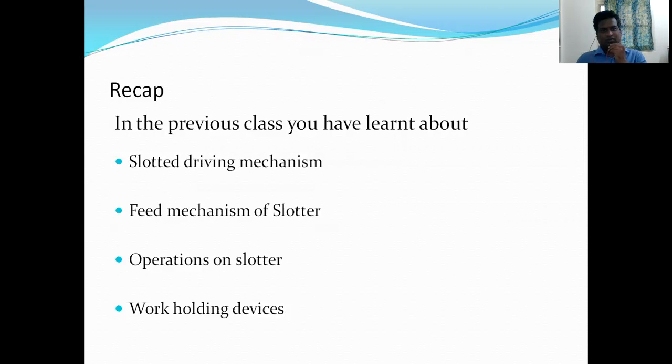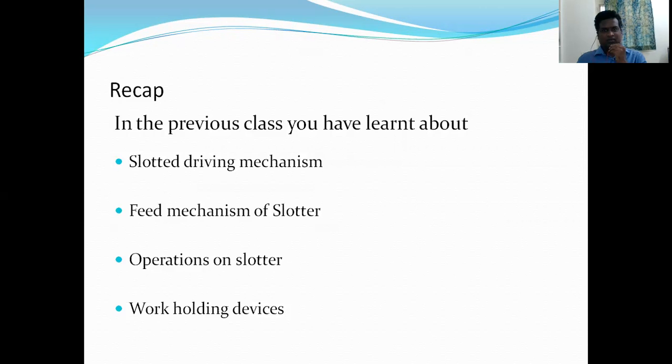The work table has the rotary action. So this is the basic major difference between the shaper, the vertical shaper and the slotter. The rest of the things are similar. Only the tilting angle is the difference.